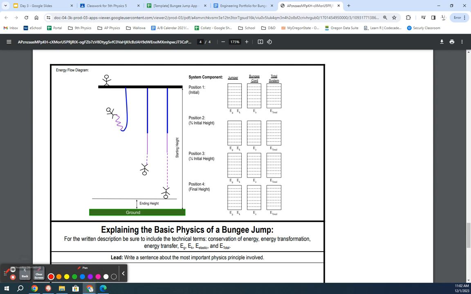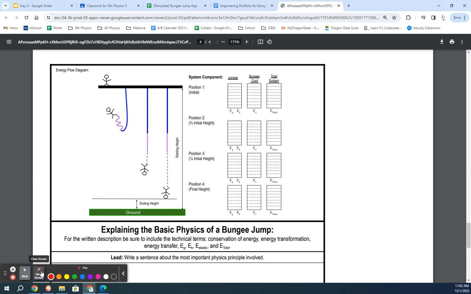All right, hopefully people were able to pause the video. Again, I'm going to talk through these. Last time, I'm pretty sure we used red for gravitational. I don't remember what color we used for kinetic energy, but we'll start off with the gravitational.